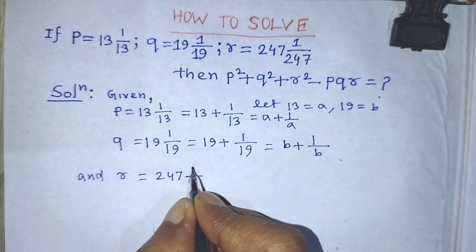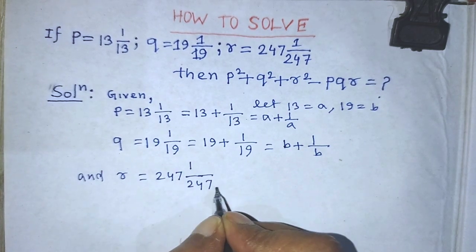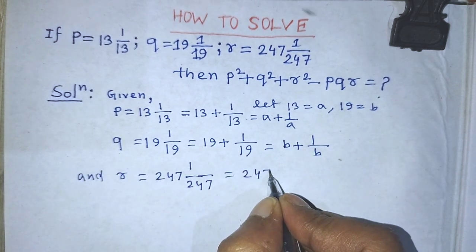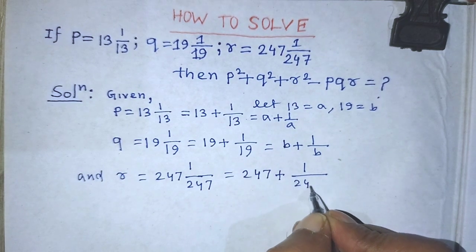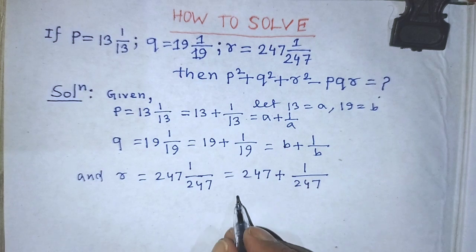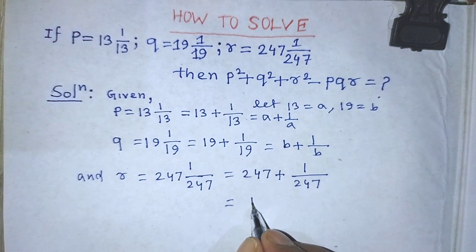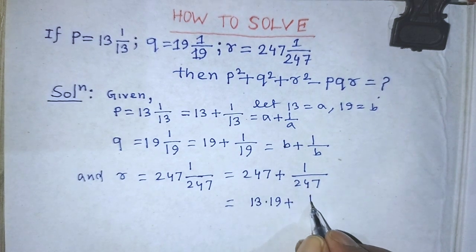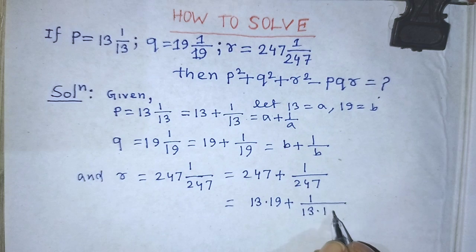247 and 1 divided by 247. So we can write from this mixed fraction 247 plus 1 over 247. So student, we can write in the place of 247, 13 into 19 plus 1 over, again in the place of 247 we have to write 13 into 19.